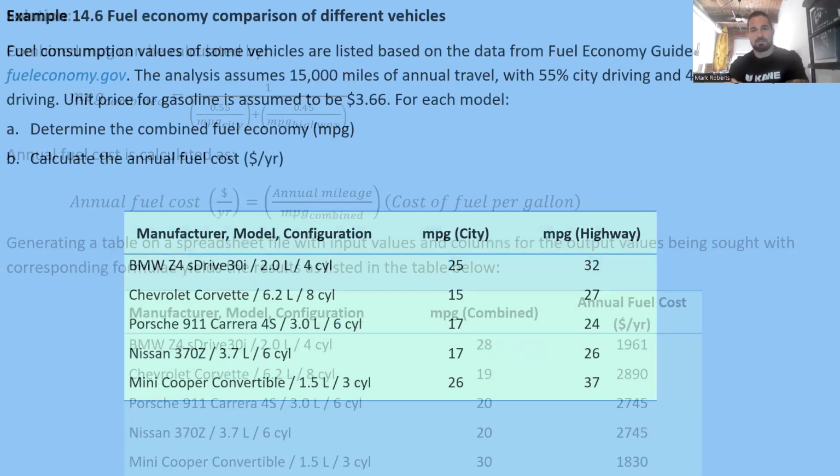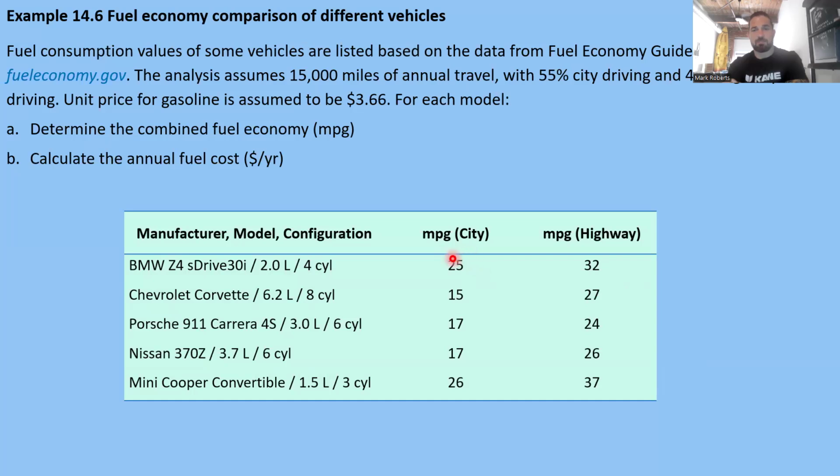Okay, let me go back. It's not just going to be this MPG multiplied by 55% and this number multiplied by 45%, because the units don't work. So we need to take what is the total.